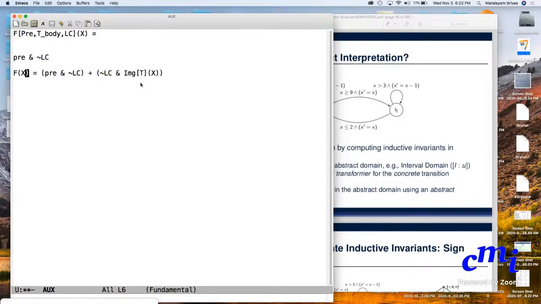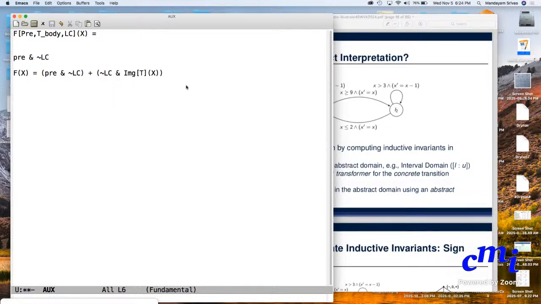Yes, so here I'm applying this thing, the image I'm computing, and this will be the current value of x.